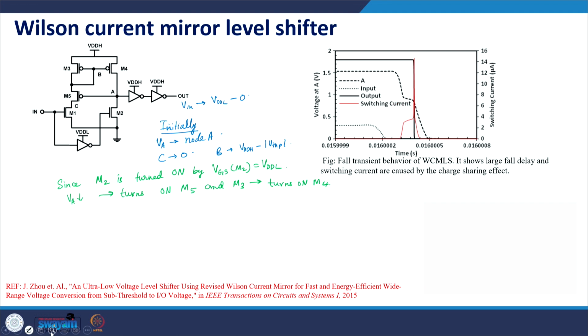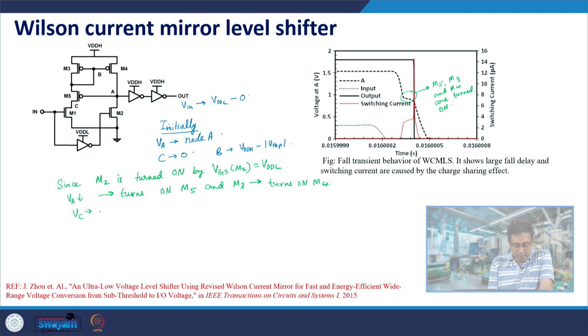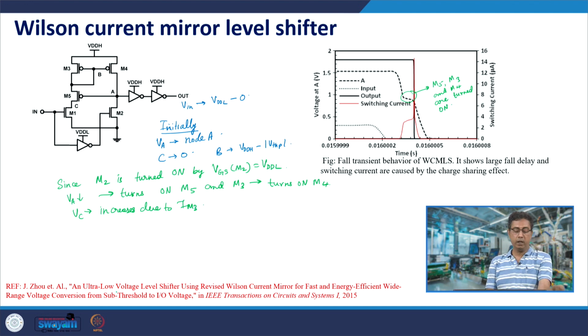So there is now a current through transistor M4, and this current counters the current through M2. This is the region where M5, M3 and M4 are all turned on. But VA further reduces and VC keeps on increasing due to the current through M3, so VB also keeps on increasing.